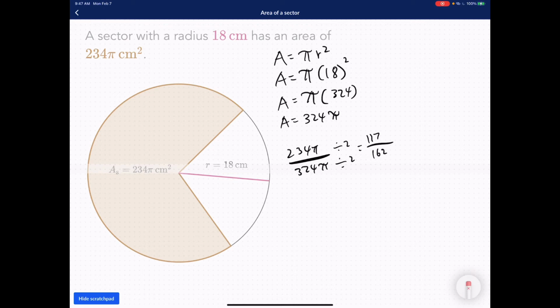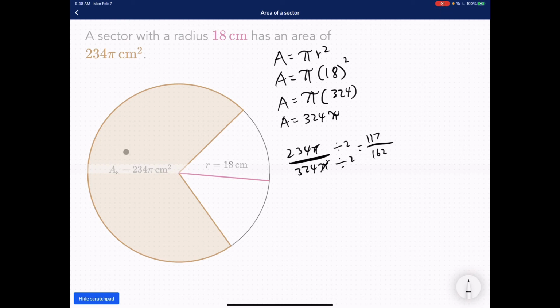The pi's cancel out, right? And so it's just gonna be 117 over 162. Because 117 pi is 117 times 3.14, and that's greater than 162, and that wouldn't make sense. So 117 over 162 is this area right here, okay?